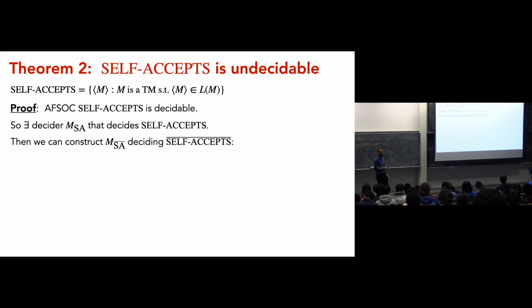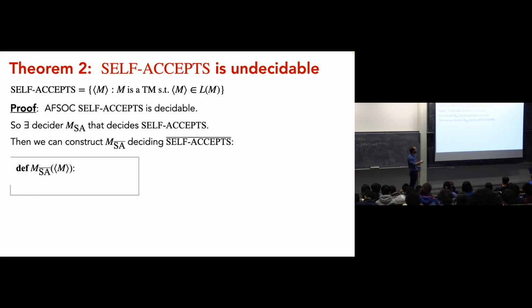Using that M sub SA that we assume to exist, we'll construct a decider for the complement of self-accepts, which we denote M sub SA with a bar over it. This is a one-liner. You just return not, feeding the same input to the decider M sub SA.